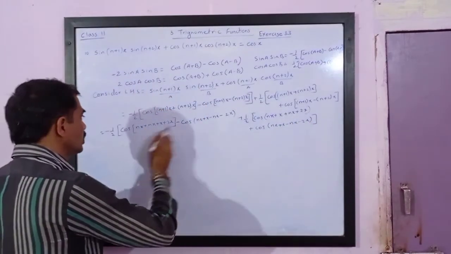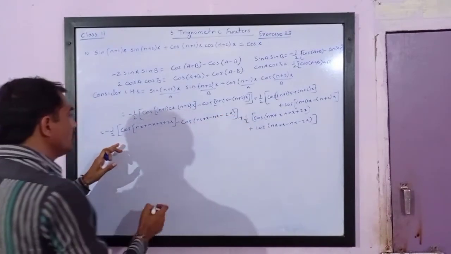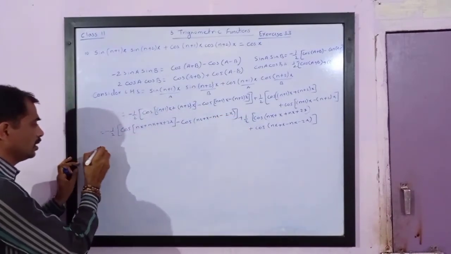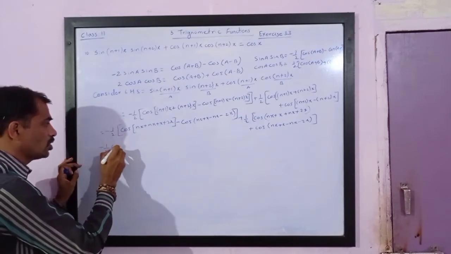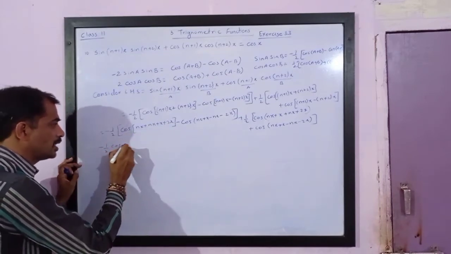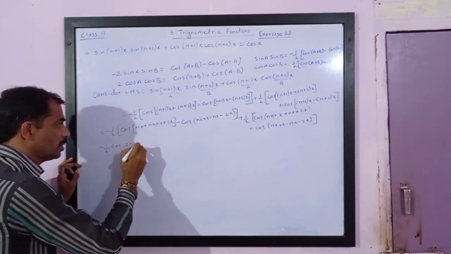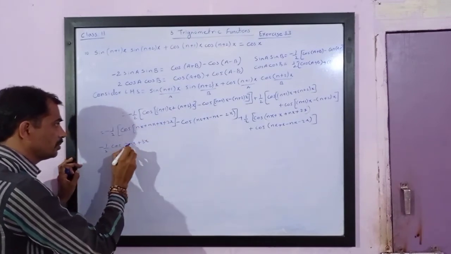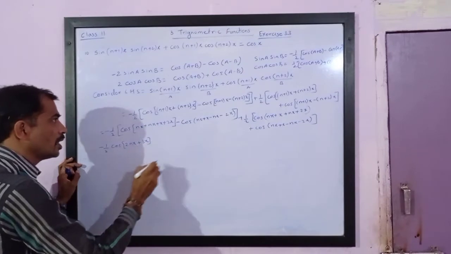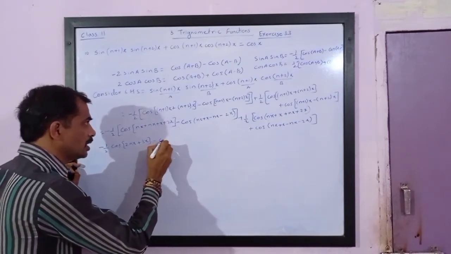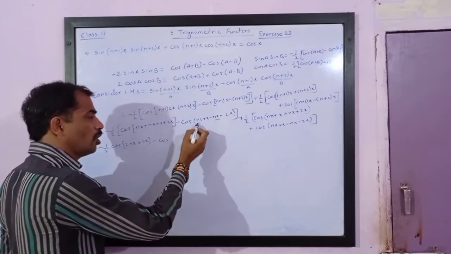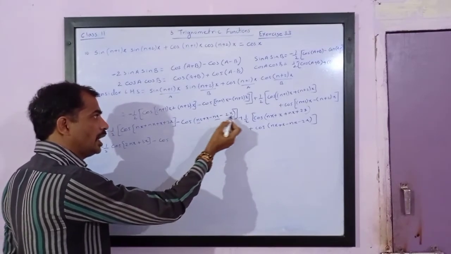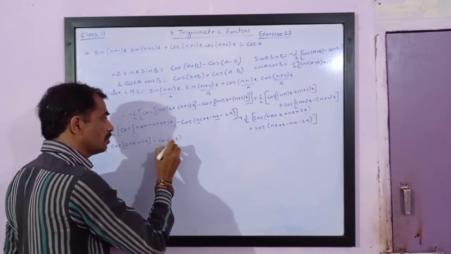Now this was the first bracket. If you solve this, you will get minus half into cos of (nx plus nx is 2nx, plus 3x), and this will be minus cos of, negative positive negative will cancel, you will get minus x.